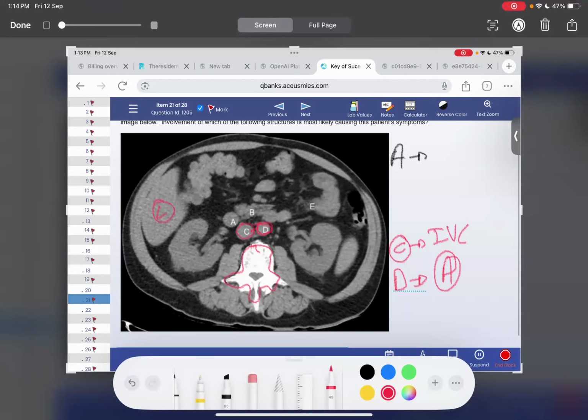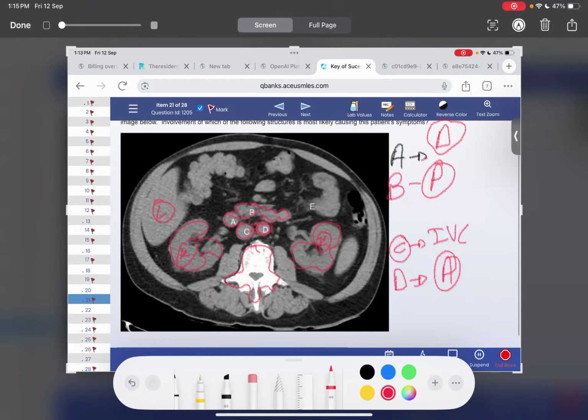What is this? Left kidney. Yes, that's the left kidney. What is this? Pancreas. That's your pancreas. So what's A? Duodenum. Perfect, that's the duodenum. I think you have a little concept of the CT scan.